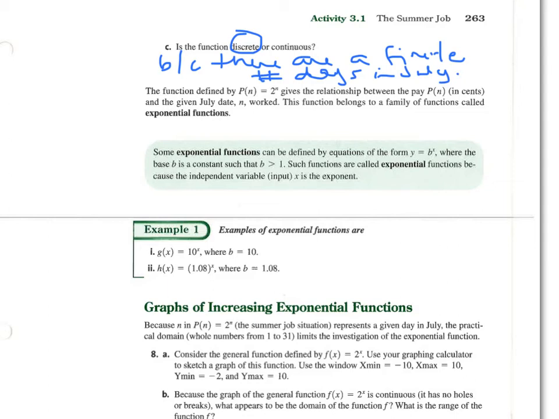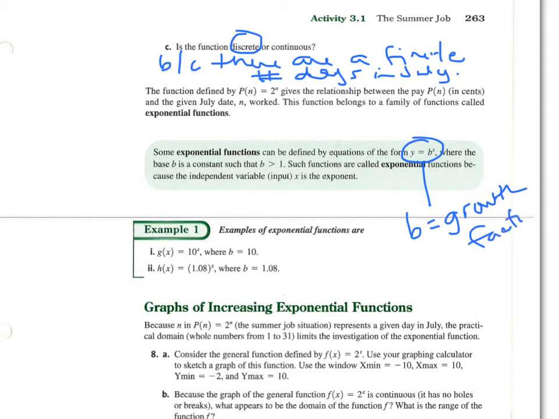Okay, so we already talked about that this is called an exponential function. The general form of an exponential function is right here, where b is greater than 1, because that means it's going to be growing exponentially. You're going to see down below that b is what we call our growth factor.